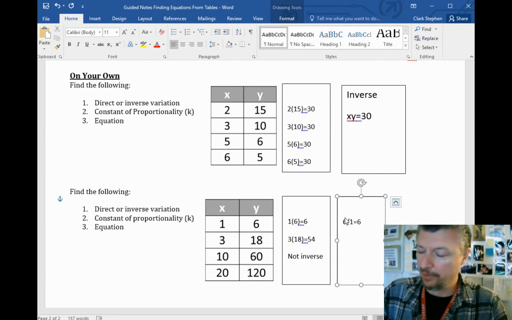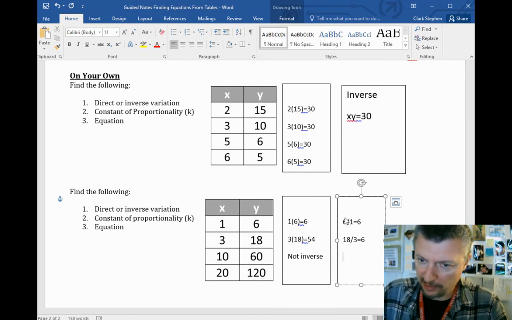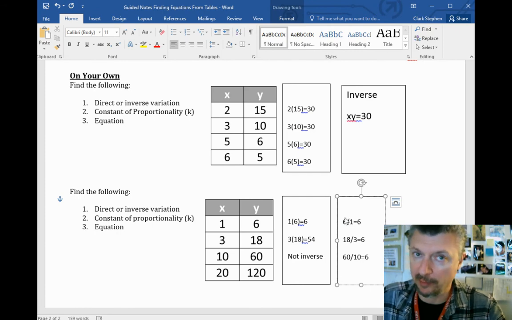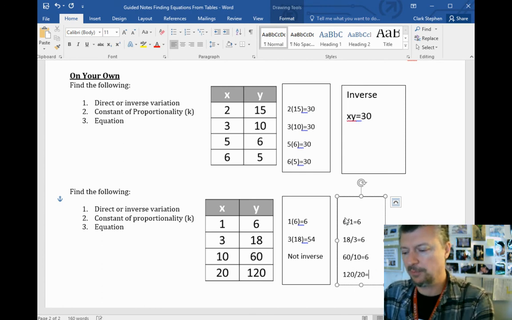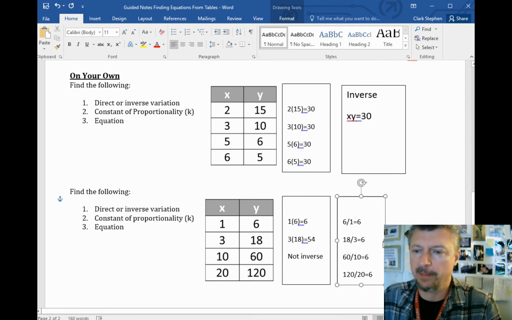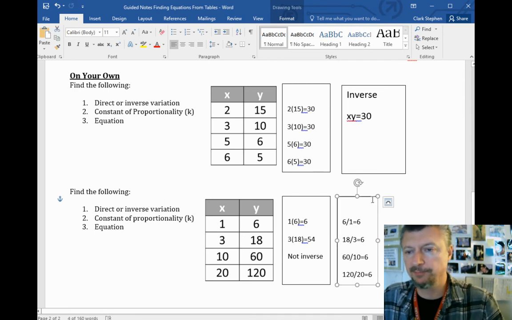Again, y divided by x, 18 divided by 3 equals 6. Again, I bet you, I know what 60 divided by 10 is going to be, 6. And last point is 20 and 120. Remember, we're doing y divided by x. 120 divided by 20 equals 6. Okay, so we know what k is. We know that k is 6.